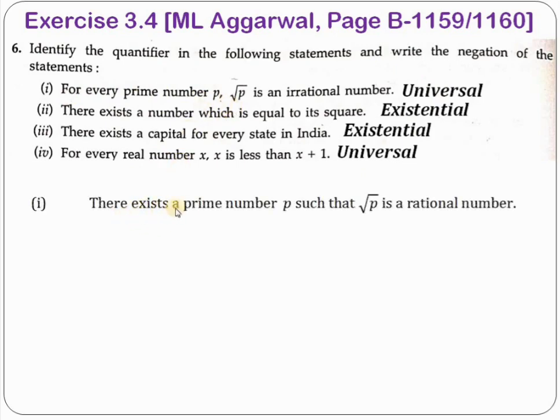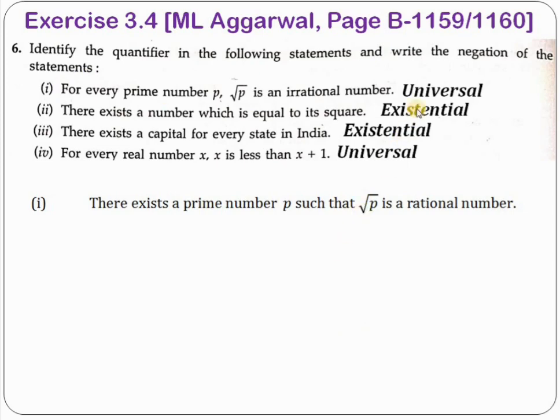The first one will be there exists a prime number p such that, as I said earlier, whenever you write there exists, such that should come after it. So there exists a prime number p such that root p is a rational number. What is the opposite of irrational? Root p has to be a rational number. So this is your negation of the first one.